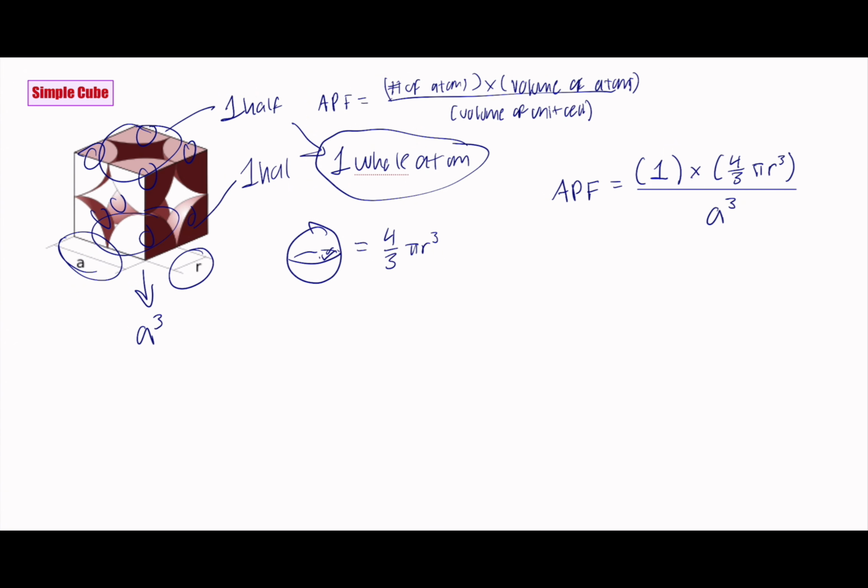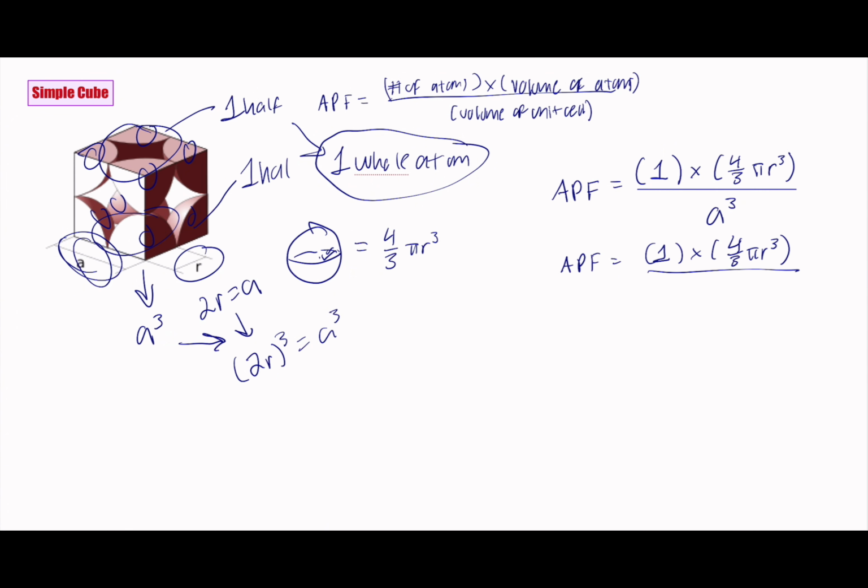For this, we have to see the relationship between r and a, and we see that 2r is equal to a. So that means 2r cubed is equal to a cubed. We will plug this into the equation: 1 atom times the volume of the atom, 4/3 pi r cubed, over 2r cubed.